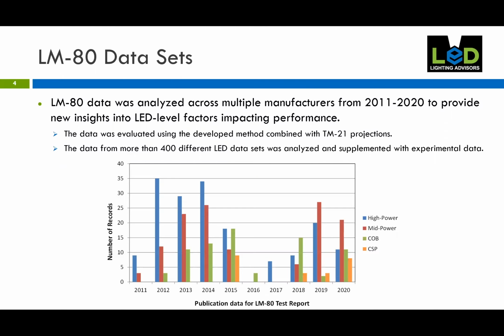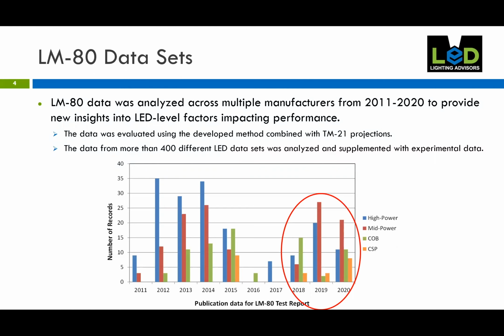We will focus today on the LM80 data reports collected between 2018 and 2020. These newer reports are important for the study of chromaticity maintenance because they're aided by the much greater availability of LM80-15 reports with individual u' and v' coordinates that are important for the analysis. So this presentation will focus on the newest data set.